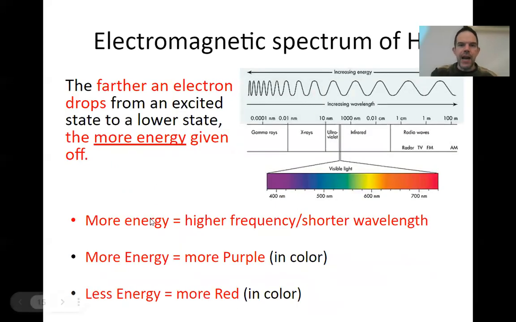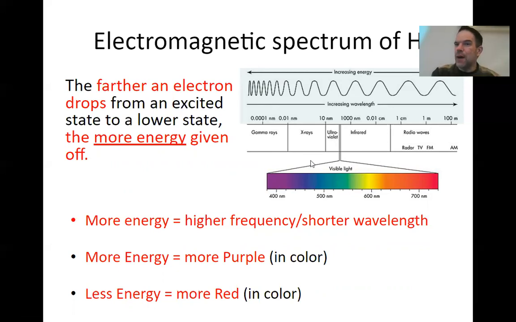Now remember, more energy is higher frequency. So the higher the frequency, the more energy. And the more energy, the more purple or even beyond purple. Remember, we only see visible light, but if you had more energy, it might be ultraviolet or even gamma, right? So the farther it drops, the more energy, the higher frequency, the more purple.